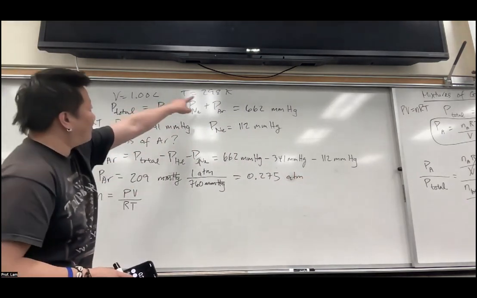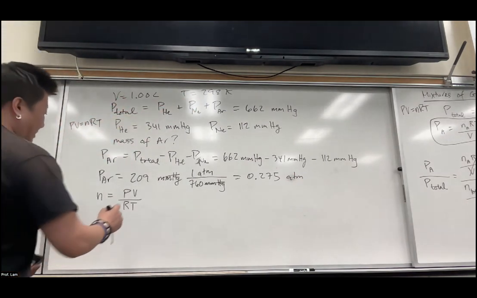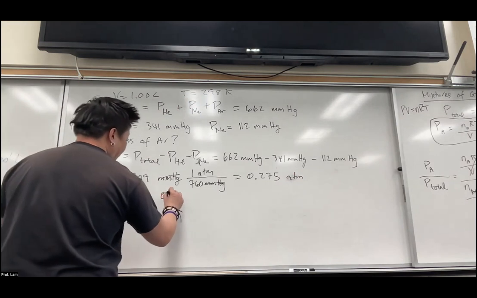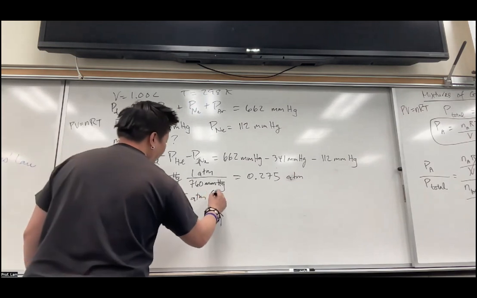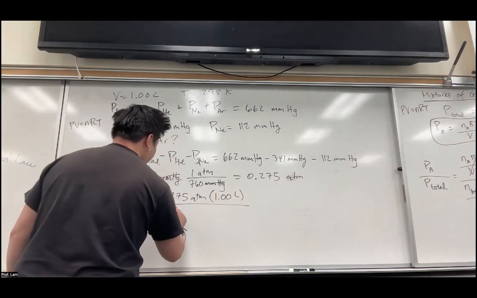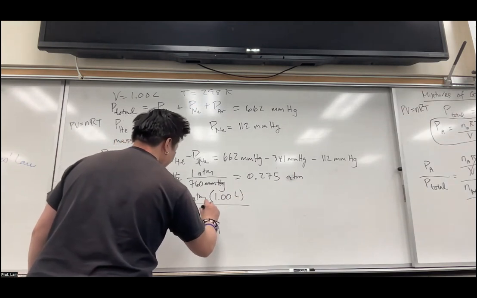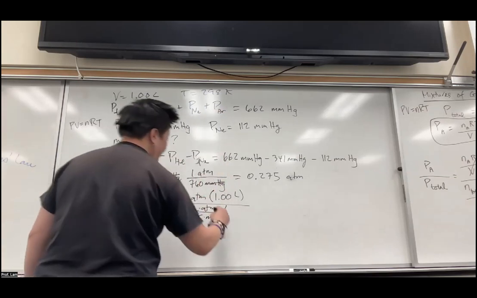Our temperature was already in Kelvin. Awesome. Our volume is in liters. Great. So we only had to convert that. Okay, so now we plug it in. 0.275 atm for pressure times the volume, 1 liter, divided by R, 0.08206 liter atm per K mole, times the temperature, 298 Kelvin.